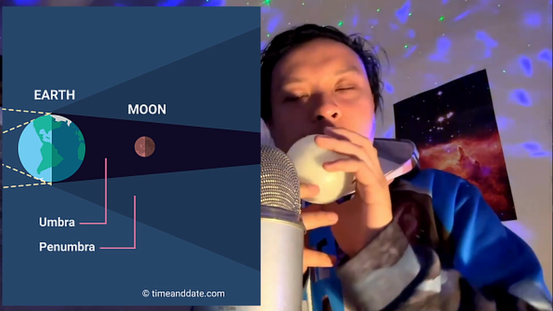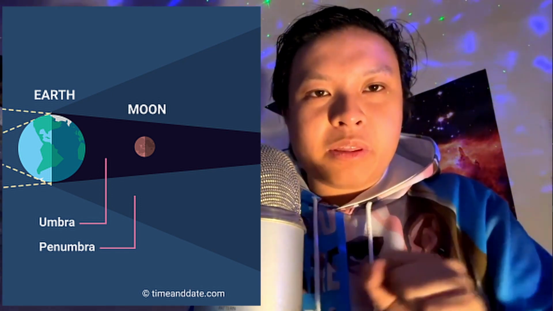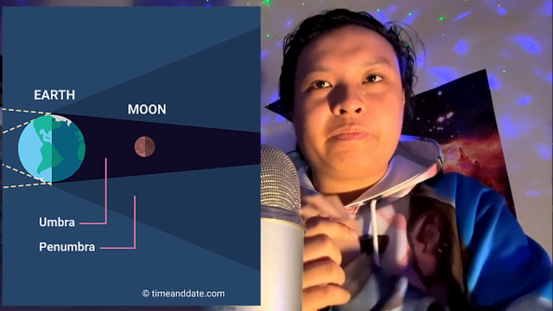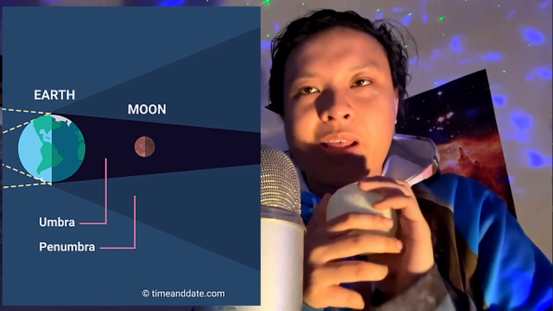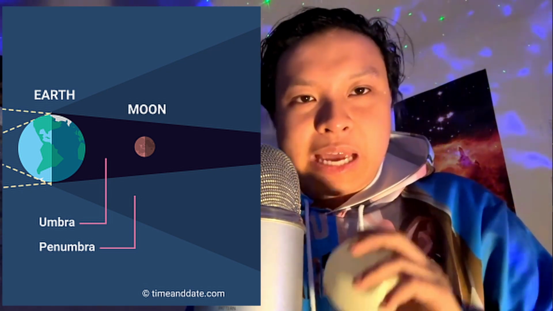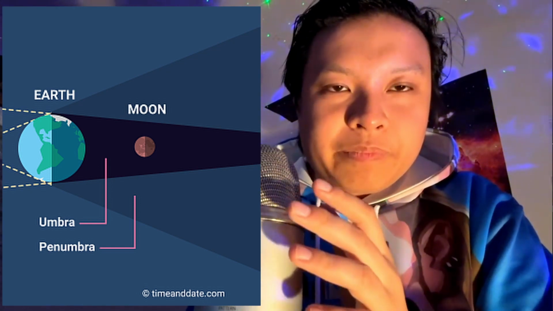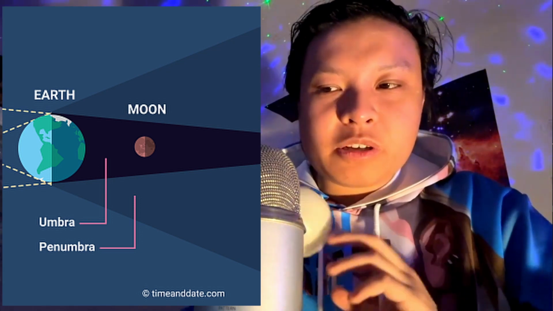The umbra is the main part of Earth's shadow, the inner part, where most of the sunlight is blocked. Then there is the penumbra, the outer part of Earth's shadow.